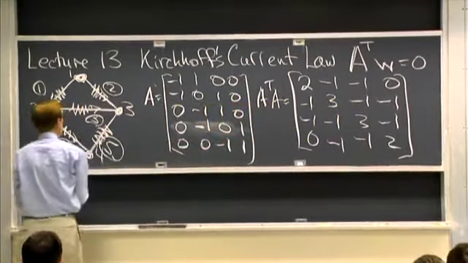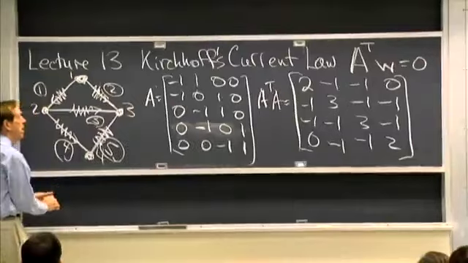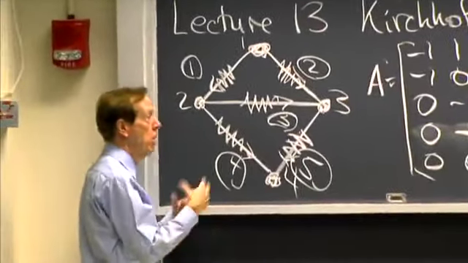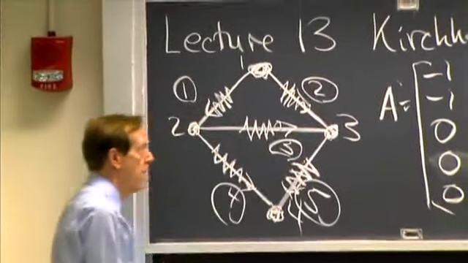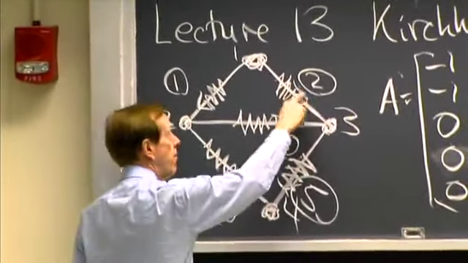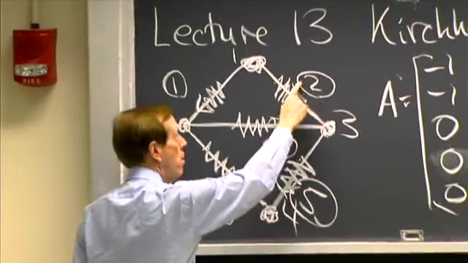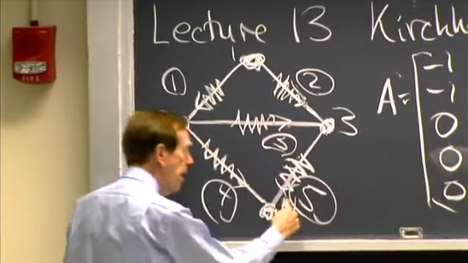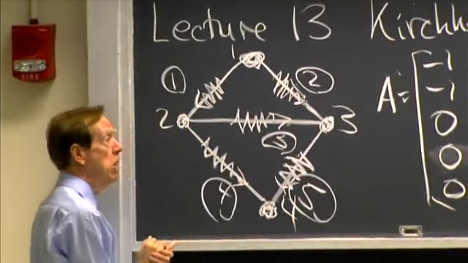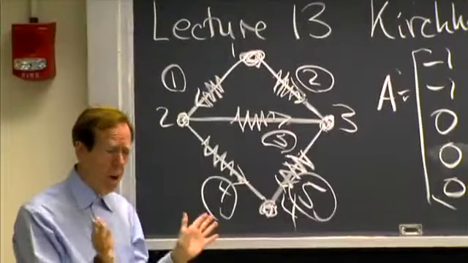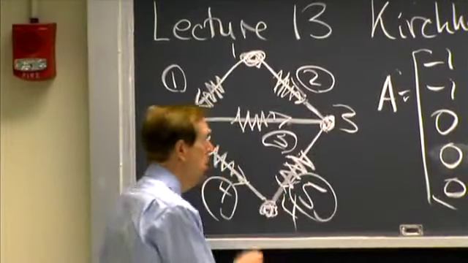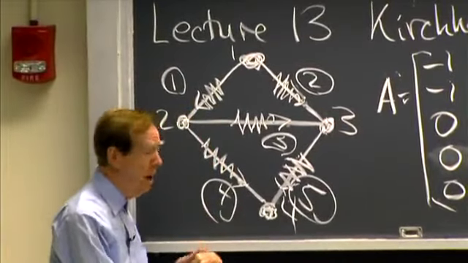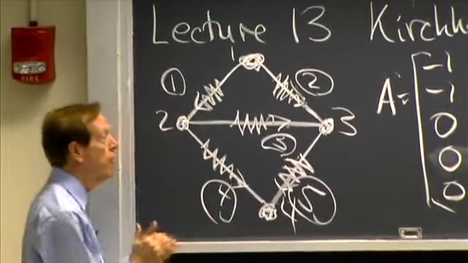So at each node, at node 3, for example, I have 3 edges. Kirchhoff's current law at that point is going to tell me that the flow W2 plus W3 minus W5 would be 0 if there's no current source, or if I'm feeding current in there, some current F3, then it would match F3.